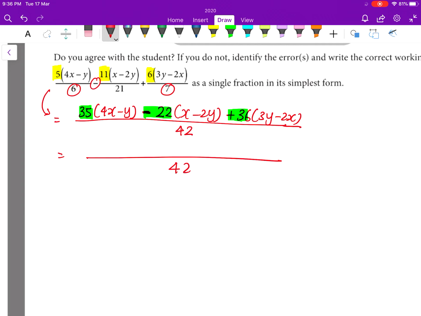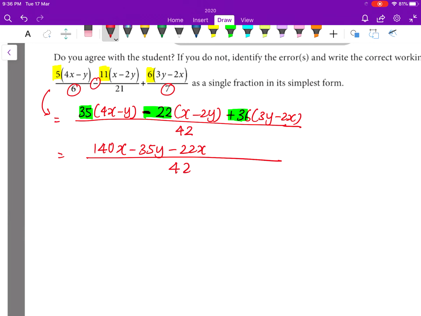Let's see the results. 35 multiply in. I'll use my calculator so it'll be faster as well. 140x minus 35y minus 22x. Be careful, negative 22 multiplied by x will give you negative 22x.